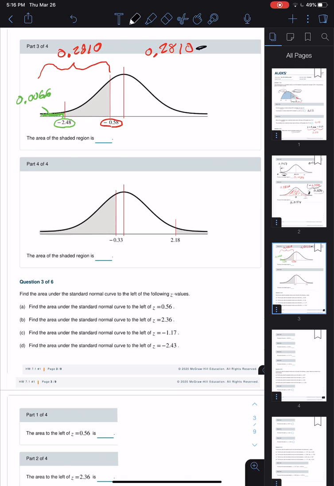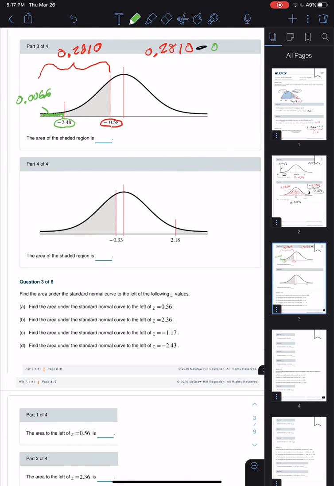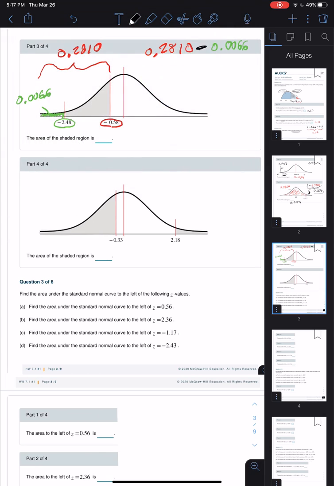The green, oh man, the green, which is 0.0066. I like using color, and this is not very natural here. So the red minus the green is going to give me the gray, this gray stuff, right? If we subtract the two, the red minus the green is going to give me 0.2744.